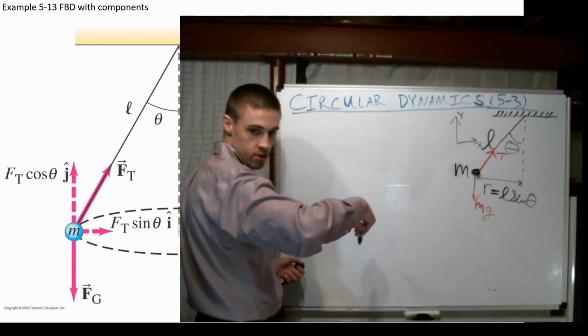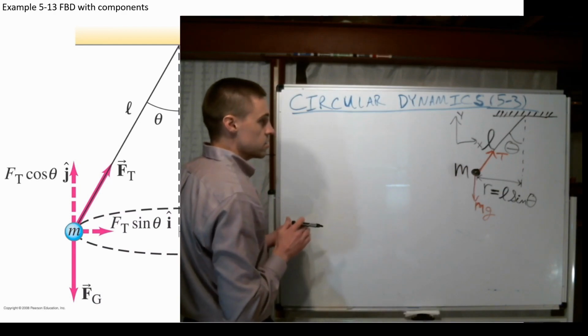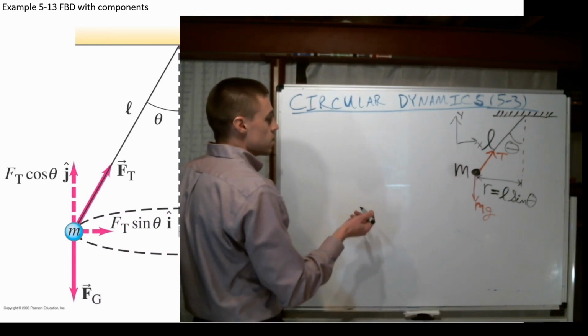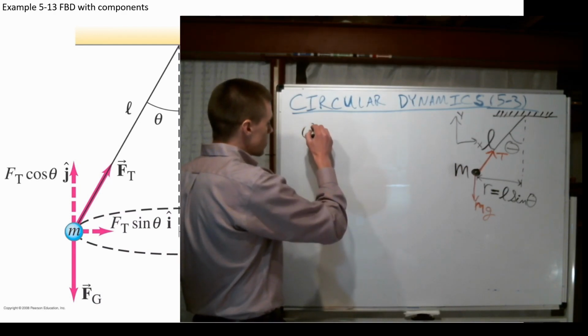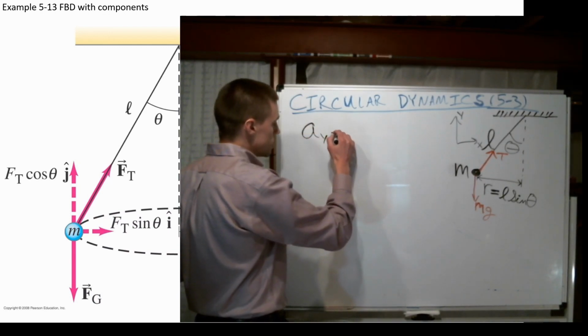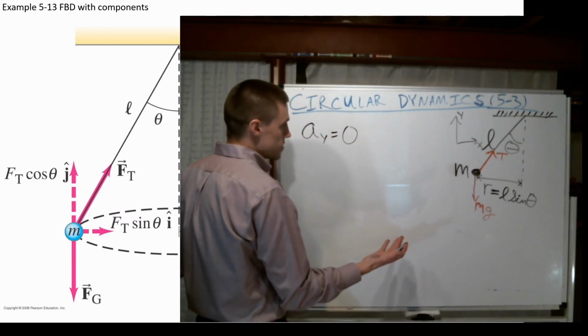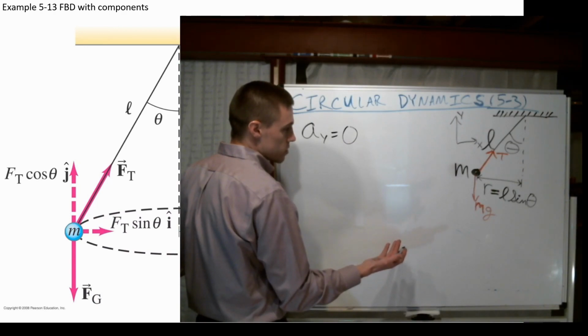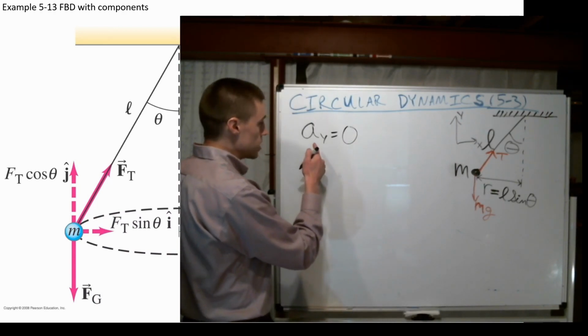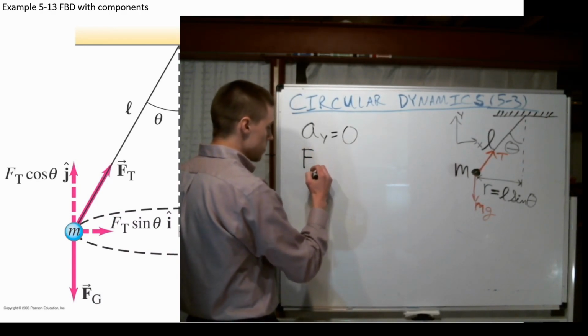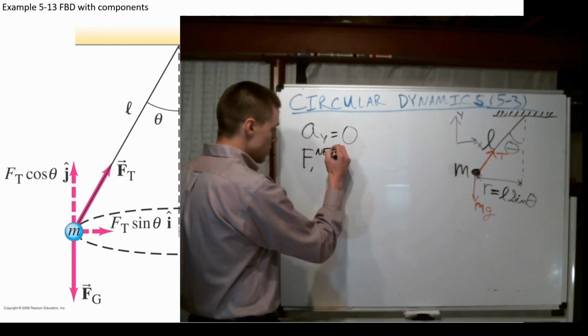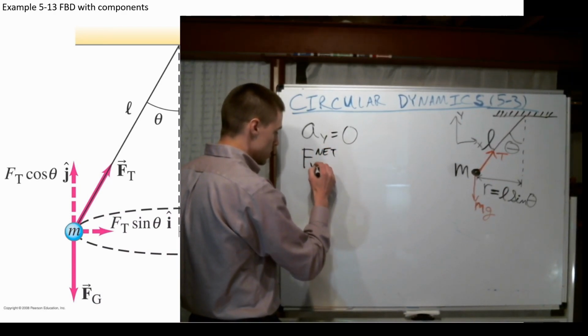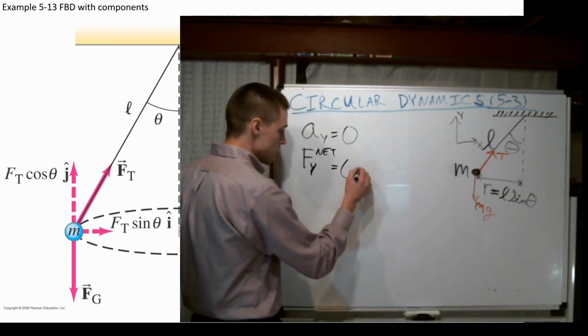It's moving in a circle around this conical pendulum. So since the acceleration in y is equal to 0, this tells us something important about the sum of the forces in the y direction. The net force in the y direction must be equal to 0.